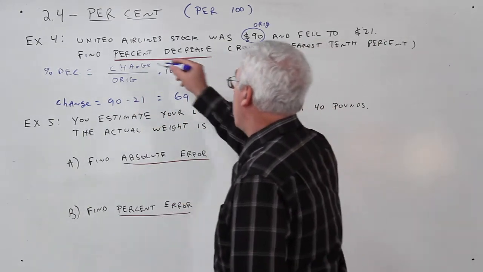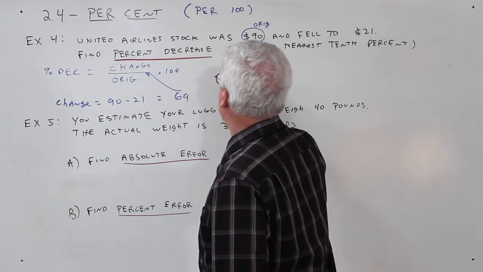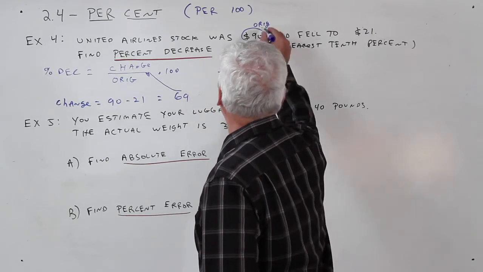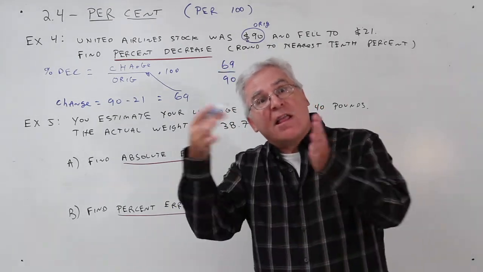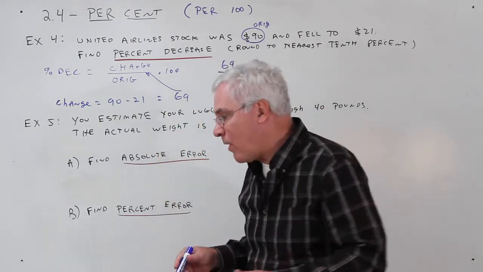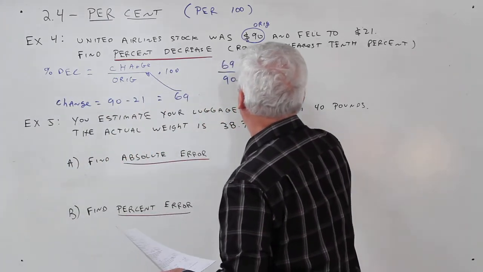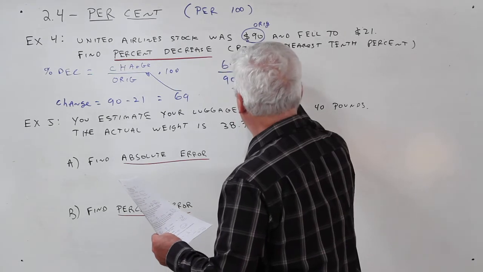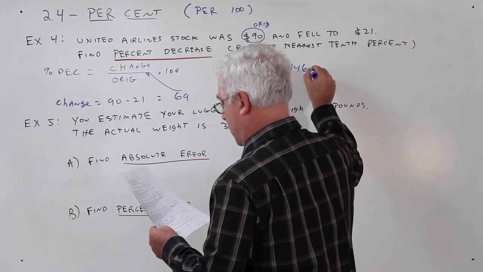Applying that to this formula, $69 change over the original 90. So I'll make that a decimal, and then I'll convert to a percent and do my rounding.